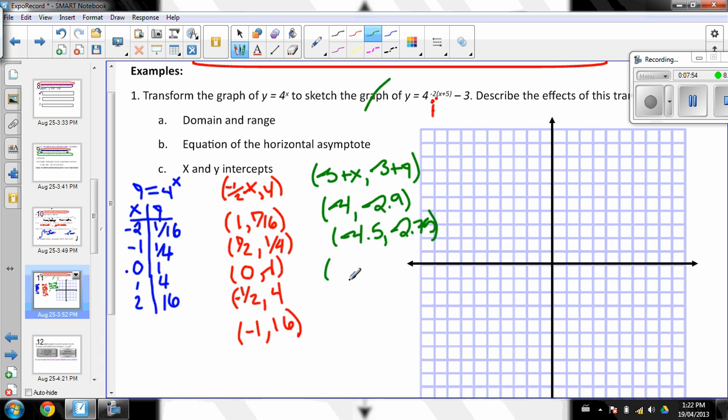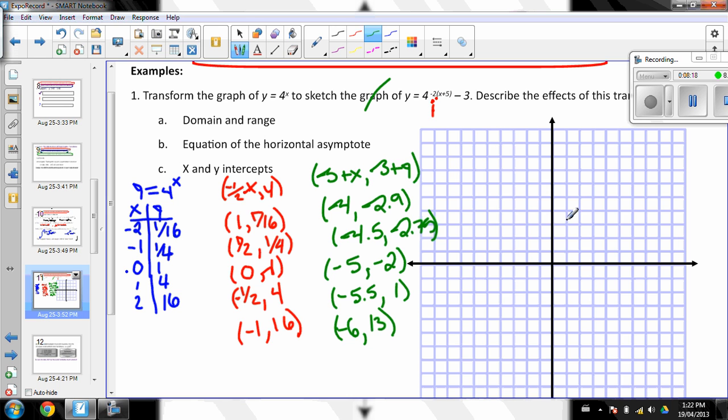Then we wind up with negative 5, comma, negative 2. Remembering that's positive 1, I just can't write very well on here. And then negative 5.5, 1/16, negative 6, and 13.